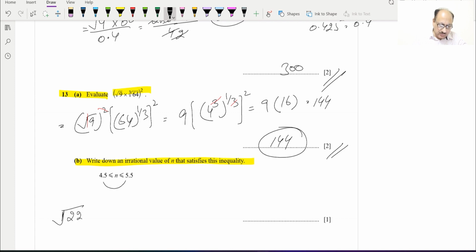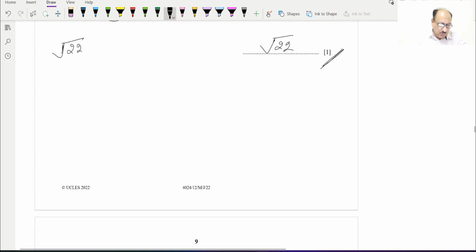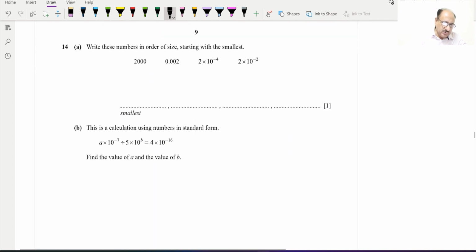So we can write down an irrational value of n that satisfies this inequality, 4.9, which is root 22. We can write it like this, and this will be the answer for 1 mark. Hopefully you understood this. Now question number 14, and question number 14 says A part, write down the numbers in order of size starting with the smallest one.